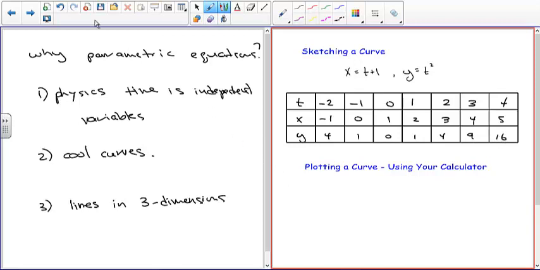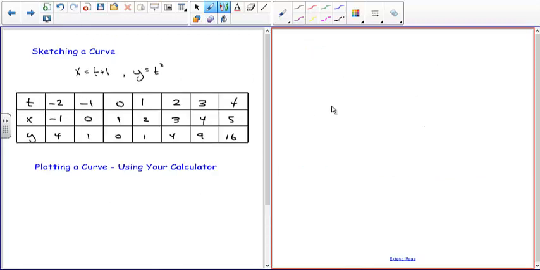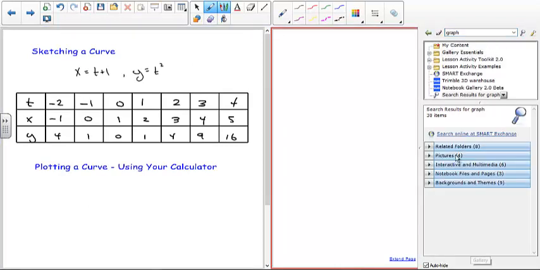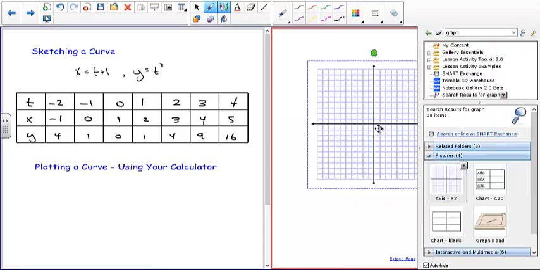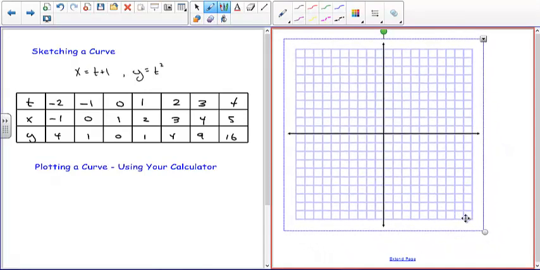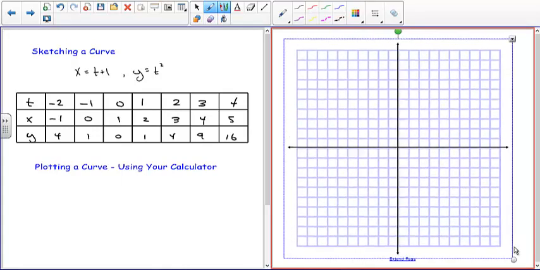And then you can plot it by just getting a piece of graph paper out. So let me find a piece of graph paper. And I won't be able to plot the last point because it's outside of my graph, but we'll go from 10 to -10 here, and -10 to 10 this direction.